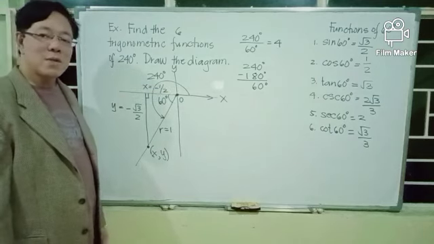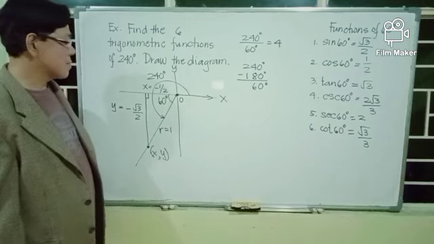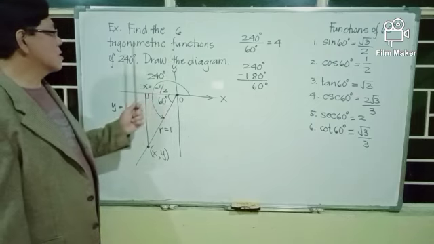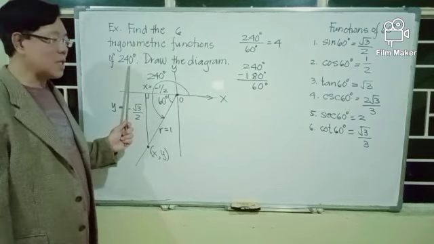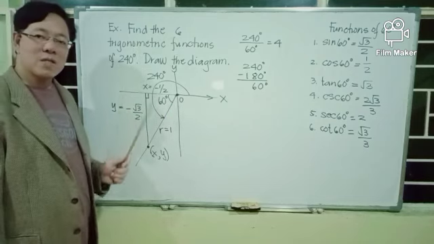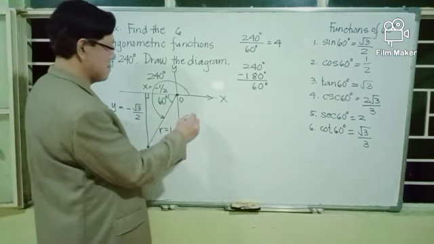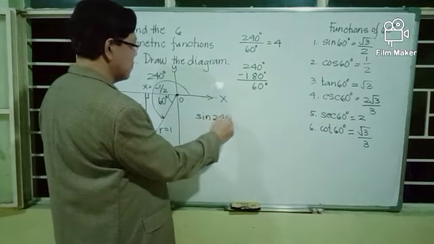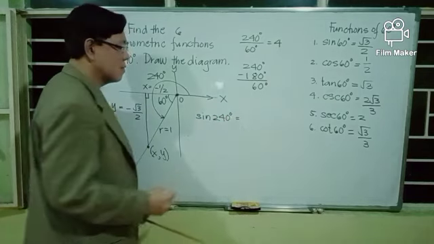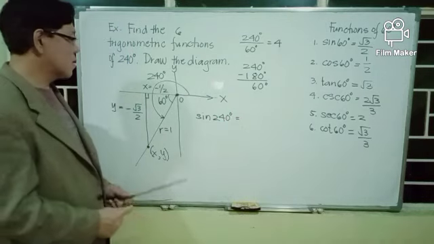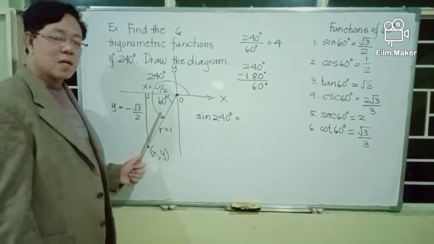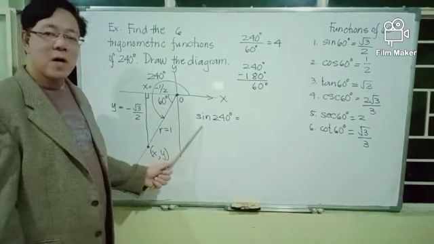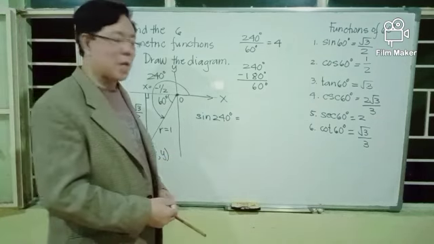Now we are ready to find the 6 trigonometric functions of 240 degrees. And we start with sine of 240 degrees. We obtain the sine of 240 degrees using this right triangle with acute angle 60 degrees. Sine is defined as the ratio of the opposite to the hypotenuse.